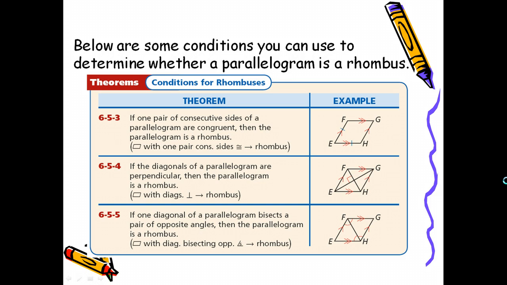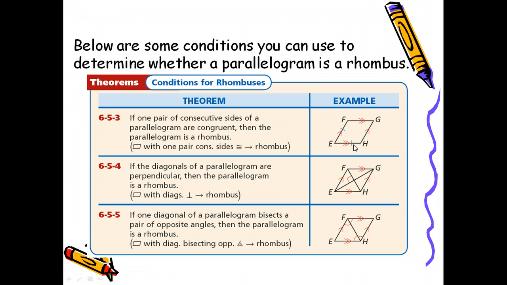These are the conditions that tell us whether or not a parallelogram is a rhombus: 6.5.3, 6.5.4, and 6.5.5. So we're talking about some sort of parallelogram with a certain condition, and if that holds true, it becomes a rhombus. If one pair of consecutive sides of a parallelogram are congruent, then the parallelogram is a rhombus.